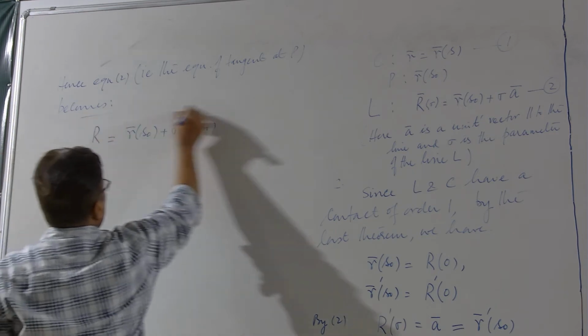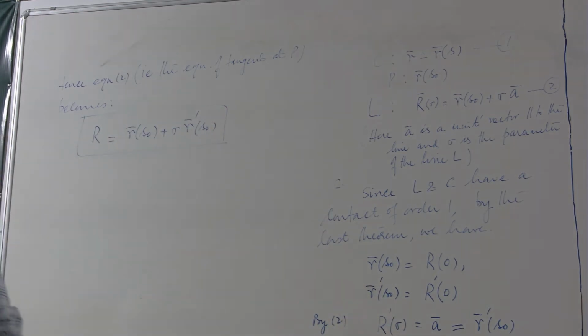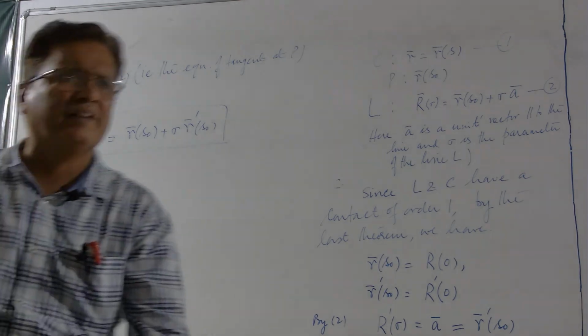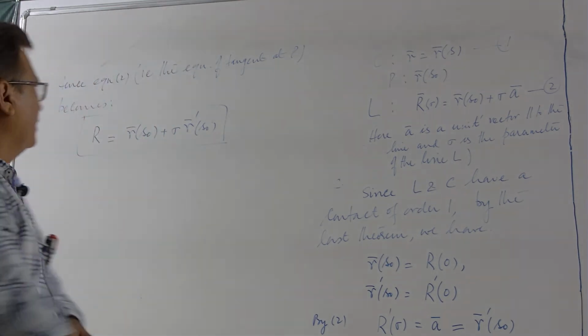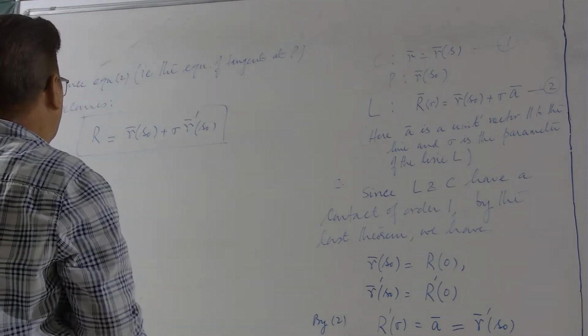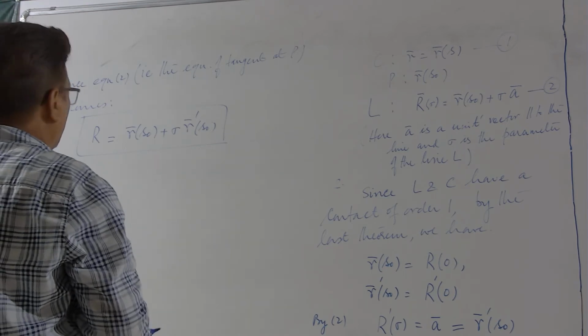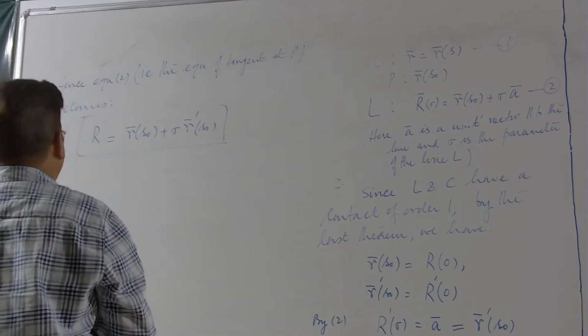So, this becomes the equation of a tangent line in vector form. You can say it is the vector equation of the tangent line. All right. You can convert it into Cartesian form also, and into a generalized parameter. All these things can be done at this point.